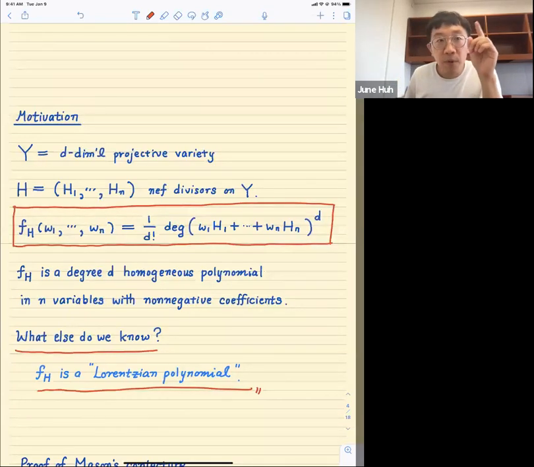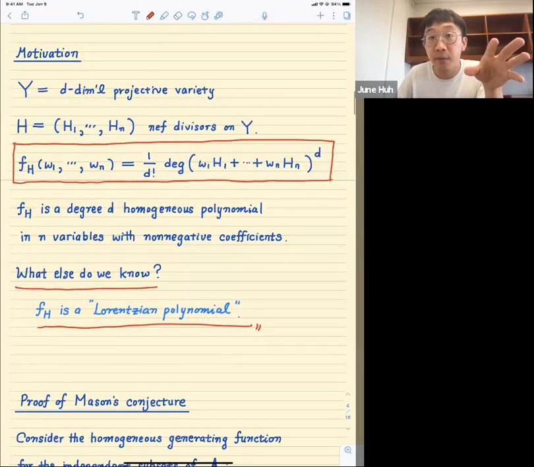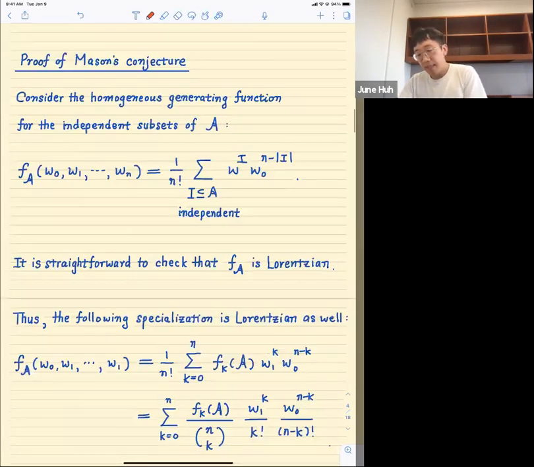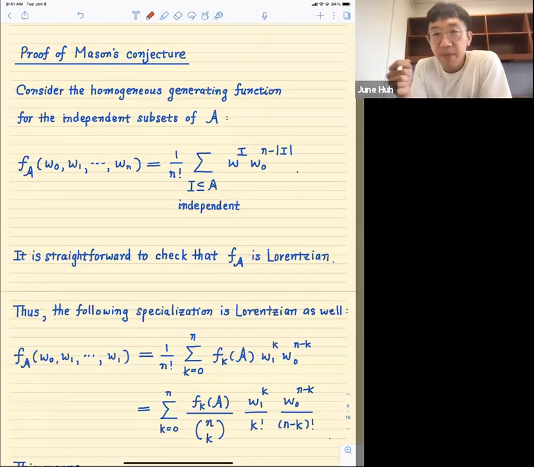So before telling you what a Lorentzian polynomial is, and before telling you what properties this class has, I'm going to show you how to prove Mason's conjecture, this linear algebra statement, using the theory of Lorentzian polynomials. And it's basically one page if you accept certain things. So here it goes.